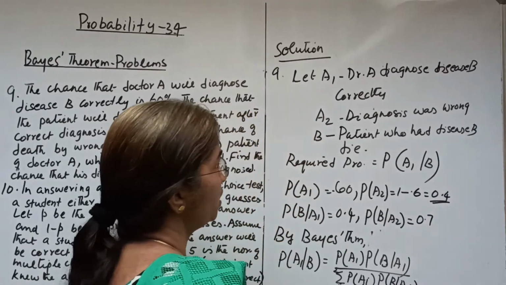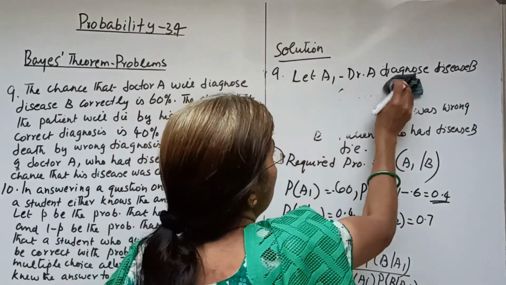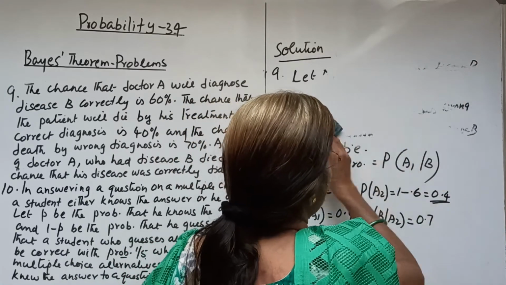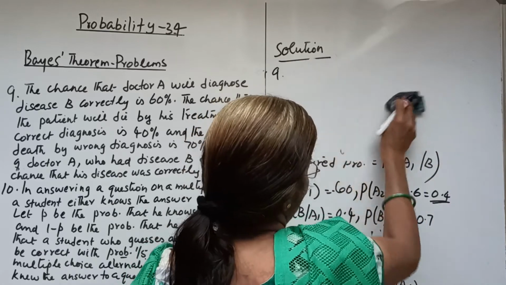Now we simply substitute these probabilities so as to obtain the answer.